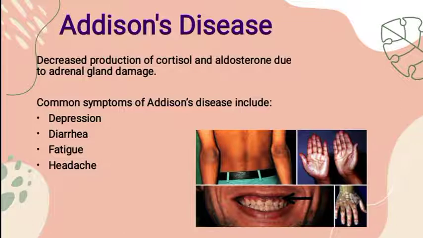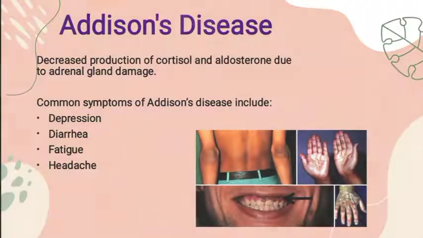The common symptoms of Addison's disease include depression, diarrhea, fatigue, headache, hyperpigmentation of the skin or a bronze appearance, and hypoglycemia, which is low blood glucose, loss of appetite, low blood pressure or hypotension, missed menstrual periods, nausea with or without vomiting, salt cravings, unexplained weight loss, and the last one is weakness or loss of strength.